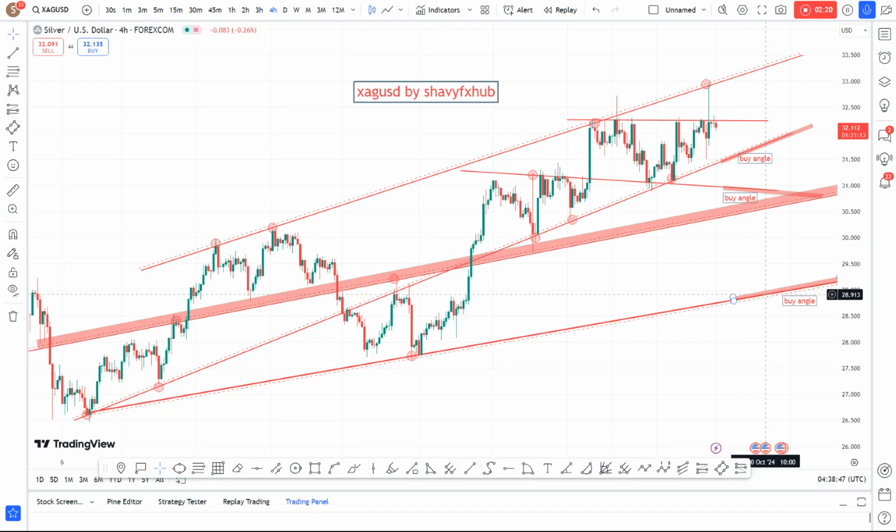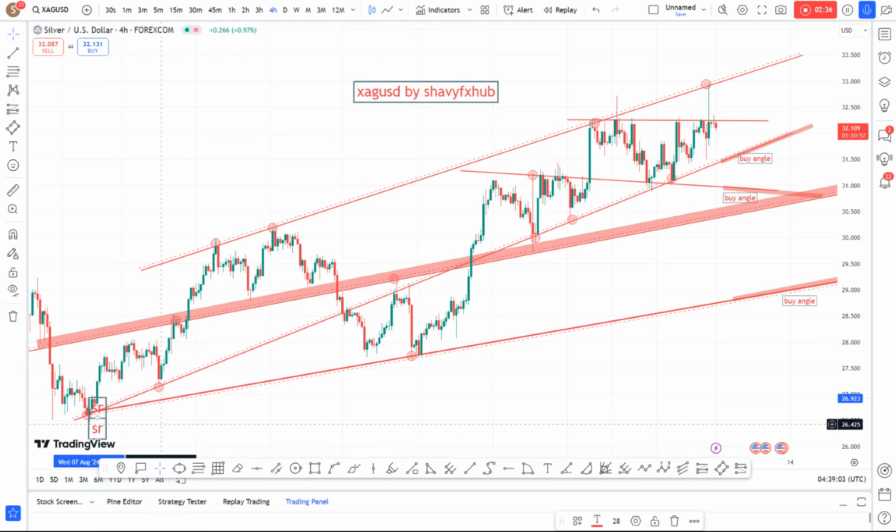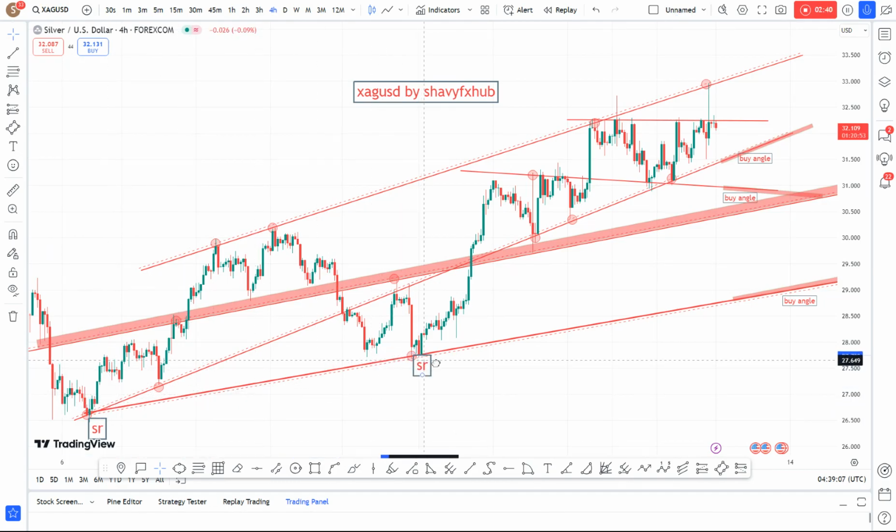Then we have the ultimate floor, an ascending trend line, SR. So we want to see how price plays into the floor for 4 hours. In a more severe situation, we want to see price return to the SR level.